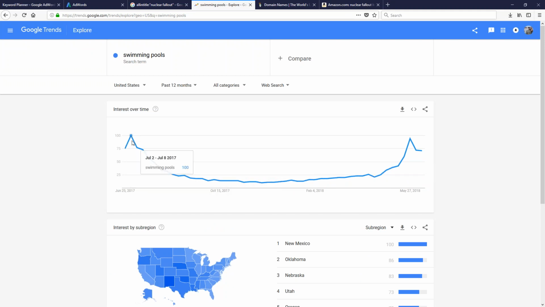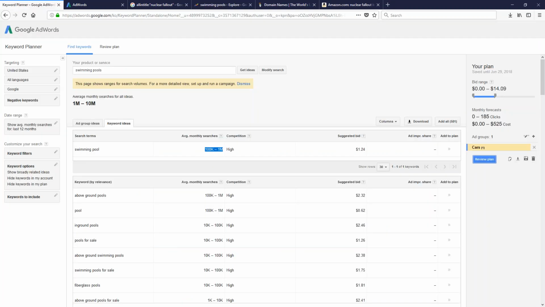So your peak months would be way above that million, and your down months would be a lot less than that million. And you can pretty much expect that same type of thing with any keyword phrase or niche that is going to be seasonal or have any kind of dramatic swinging tendency like that.